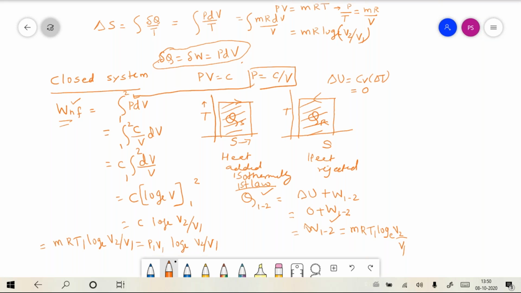And when the heat is rejected by the Carnot engine, it is rejected reversibly and at constant temperature, and during the heat rejection there is a decrease in entropy. So this process we had already considered when we talked about the Carnot engine, the process which is reversible and isothermal.